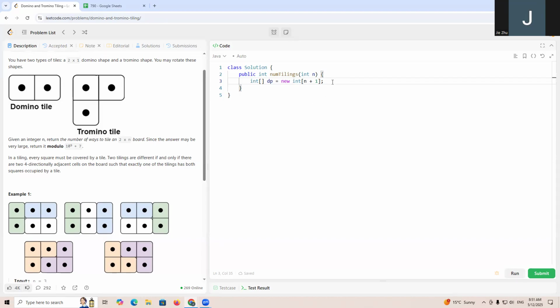So we see dp[1] equals 1, and dp[2] equals 2, and from dp[3], it already becomes complicated.